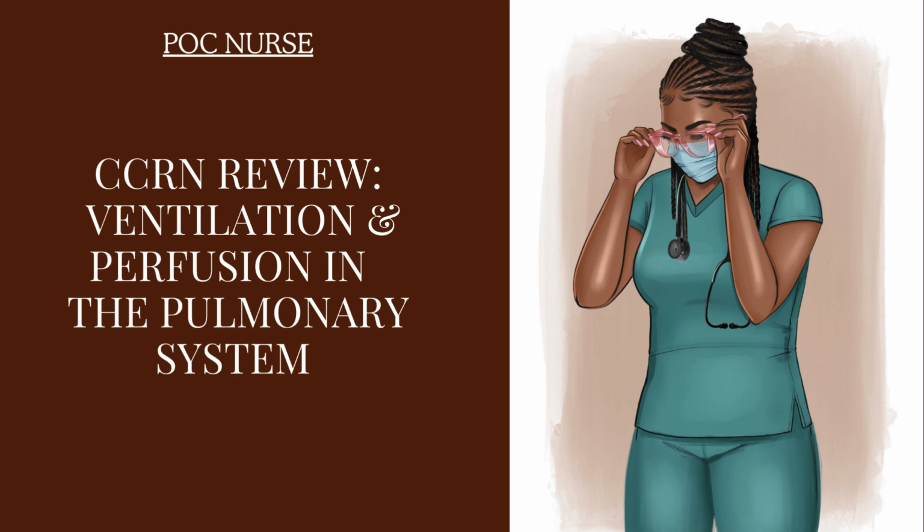Now, gas exchange normally would happen in the alveoli, but there are conditions that could occur and prevent gas exchange from occurring in the alveoli, such as a pulmonary embolism. So there will be no gas exchange if blood does not flow by an alveoli.